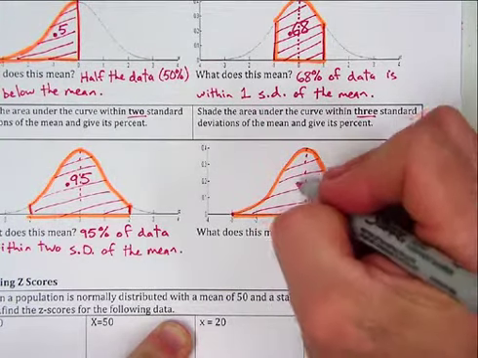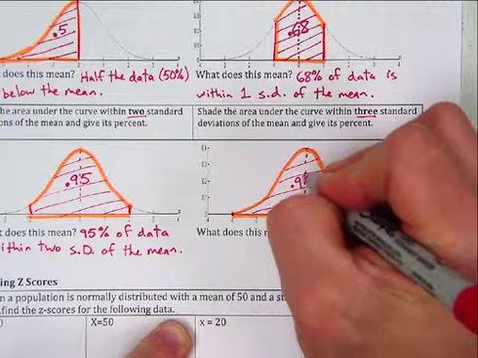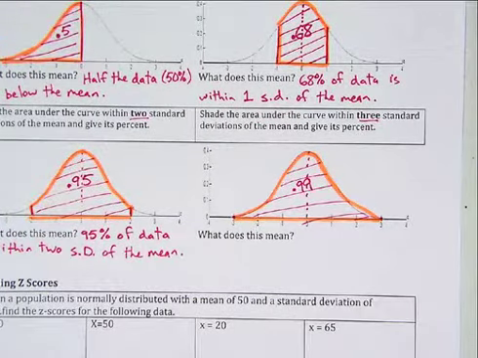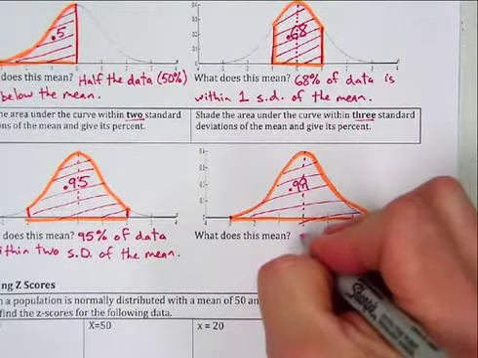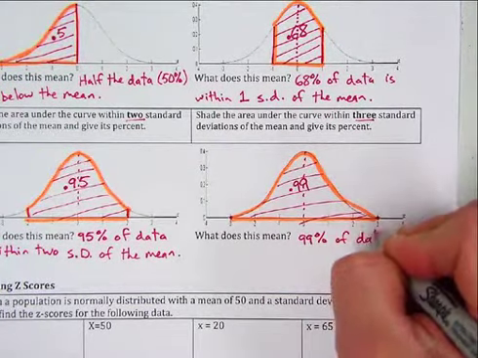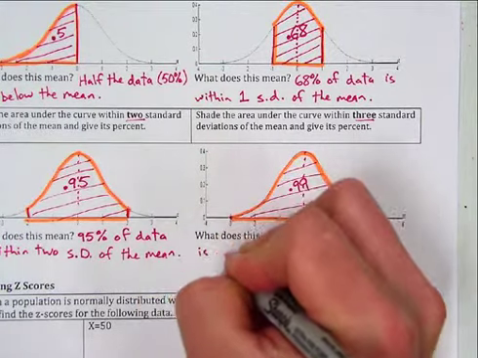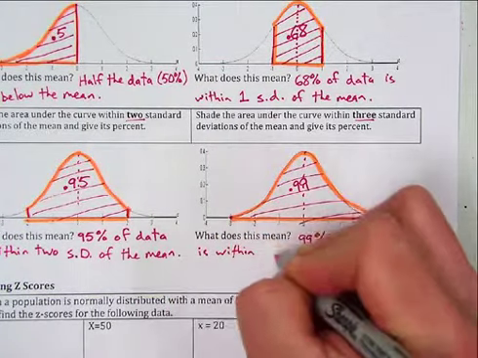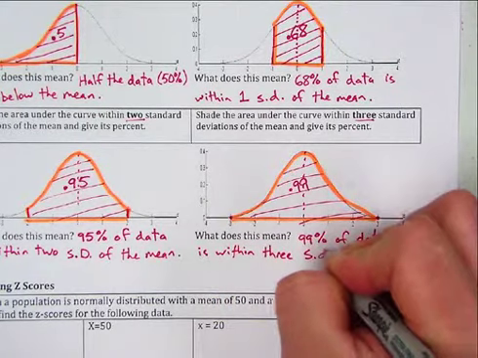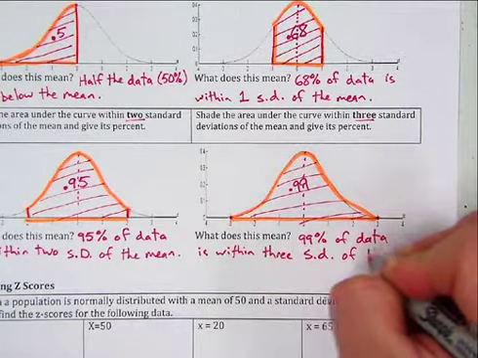All right, and this is about 0.99 area. And what does this mean? 99% of the data is within 3 standard deviations of the mean.